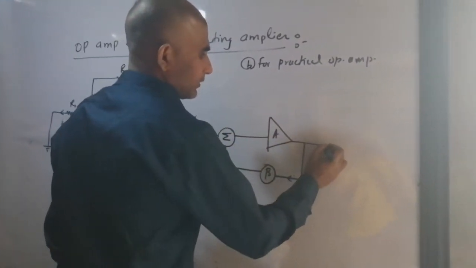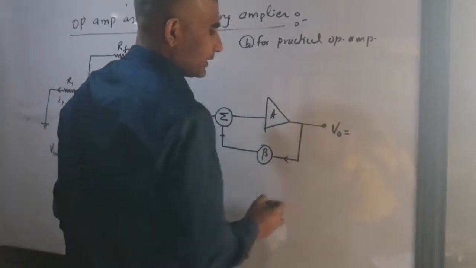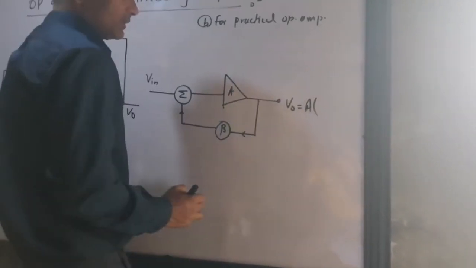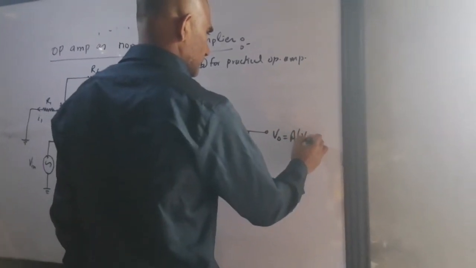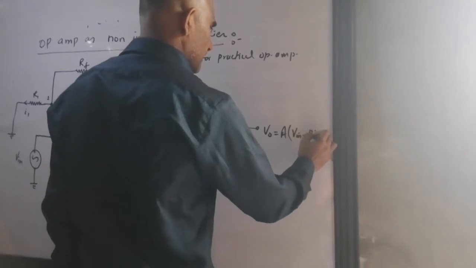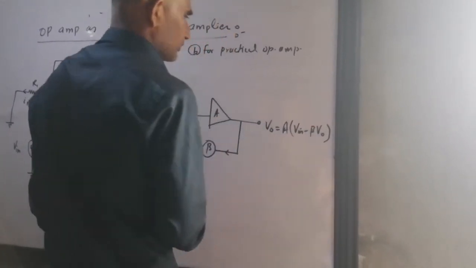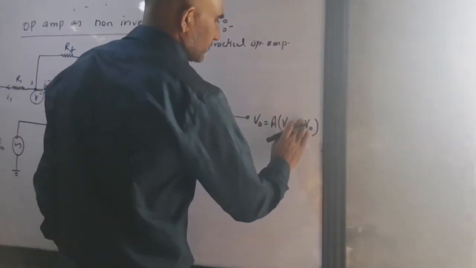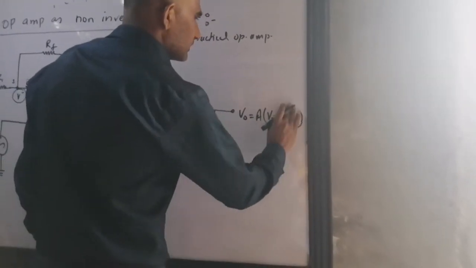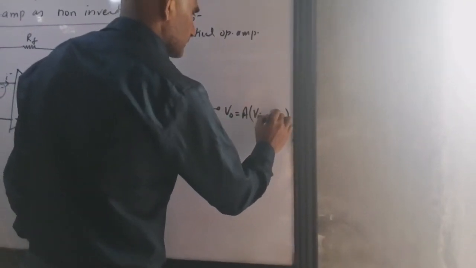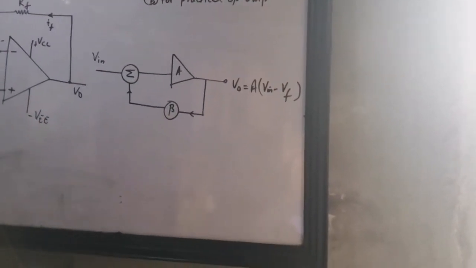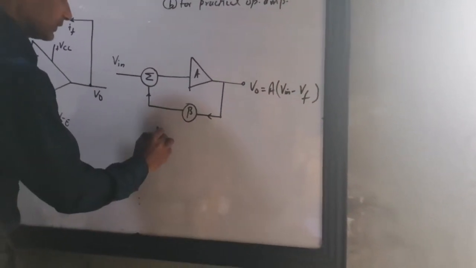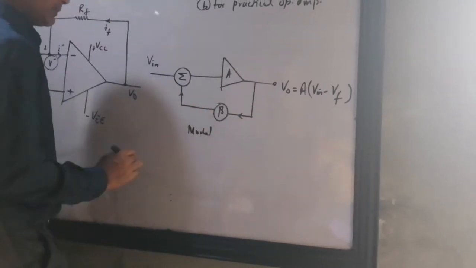And so what will be our gain then? Vout will be equal to A times Vin minus beta Vout. Actually this is the feedback voltage, I wrote VF, feedback voltage. So this is our model. This is the feedback model, by the way.